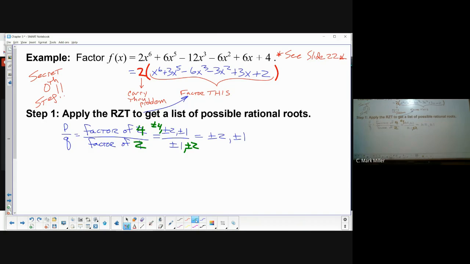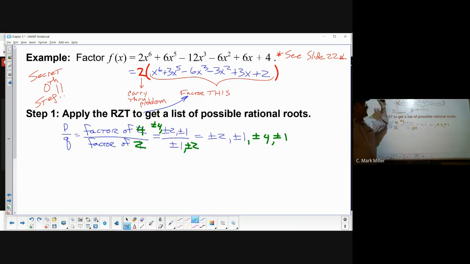That gives you more possibilities. You'd have the same ones we have, and then you'd have plus or minus 4 over 1 added onto this list, and plus or minus 1 over 2. So we wound up with 4 candidates.